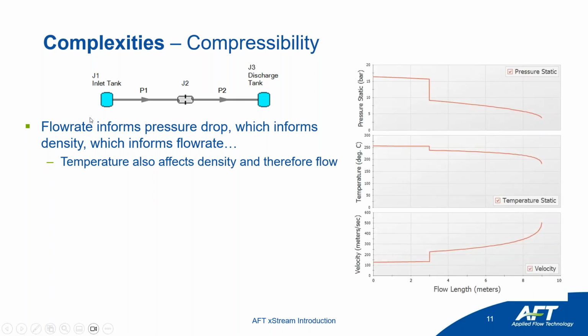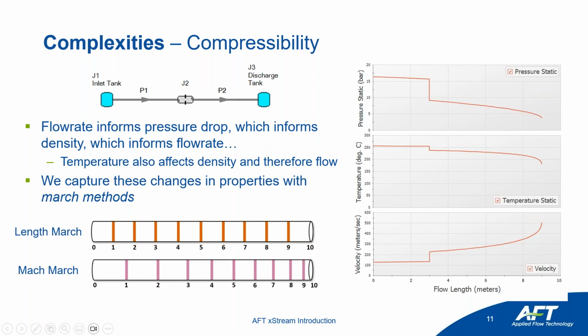Here, a little bit of a different system: an inlet tank, a discharge tank, and an orifice in the middle. But we see a similar kind of linear pressure drop until it starts to fall off dramatically. There's a linear increase in velocity until it starts to increase sharply as it approaches sonic choking. Similarly, there's a linear decrease in temperature and then a dramatic drop-off as velocity increases.